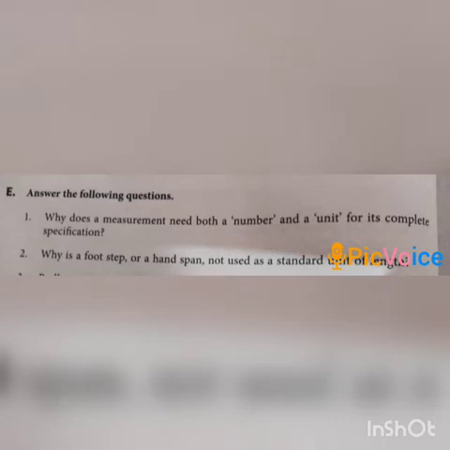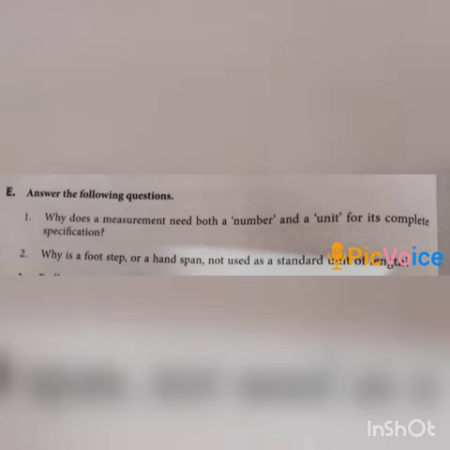Now, question number one is about how measurement needs both a number and a unit. The answer is we use two things to express the measurement of any object. We use a number and a fixed quantity which is known as a unit. The number tells us how many times our unit is contained in the measurement.